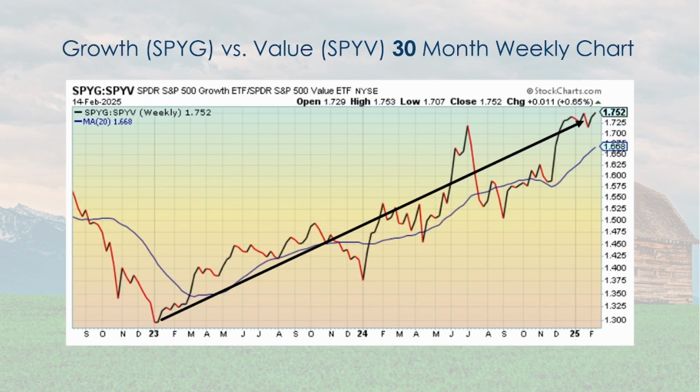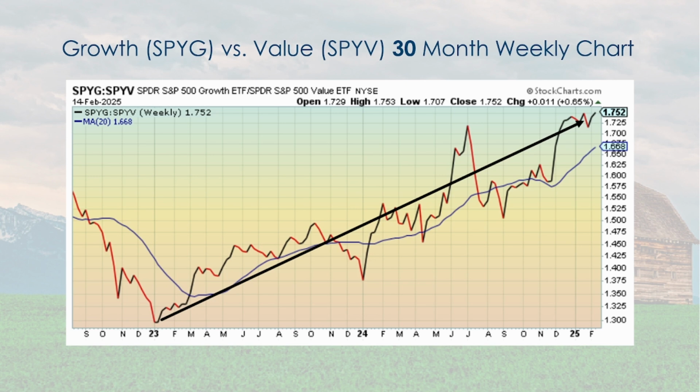When we take the S&P 500 and put it into the component parts of growth and value, that's represented by the SPY-G and SPY-V ETFs. You can see that at the very far upper right, it moves up. What that shows is that growth is moving up greater than value.